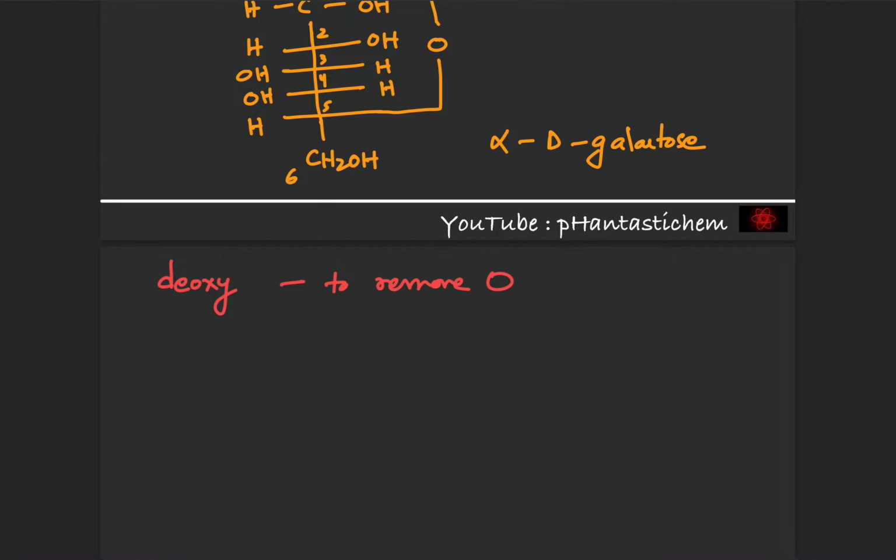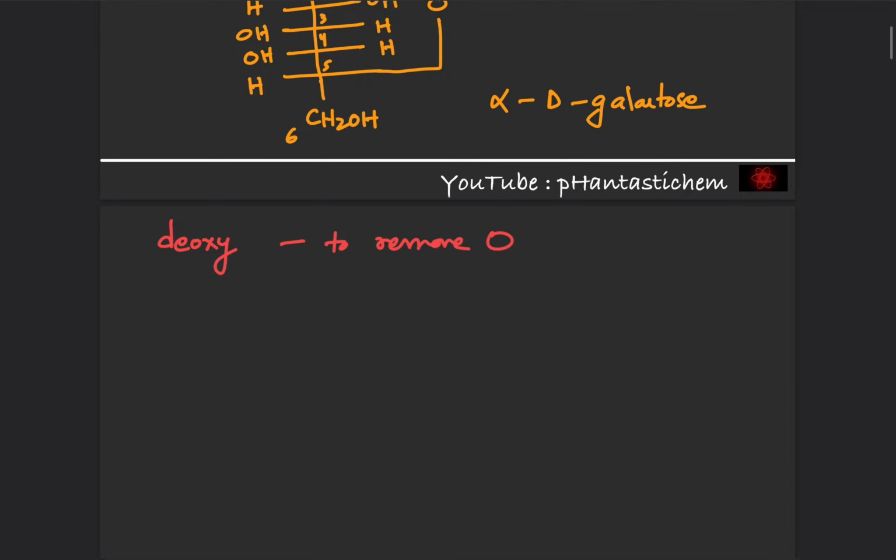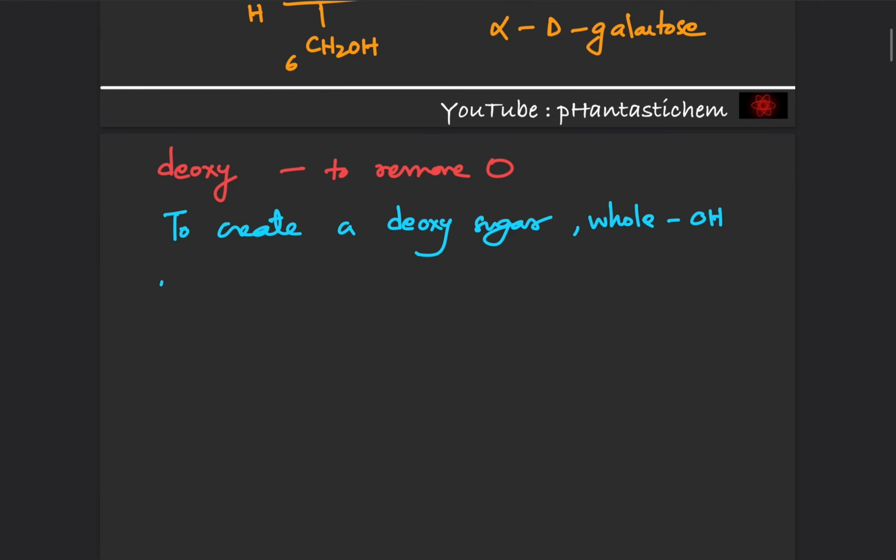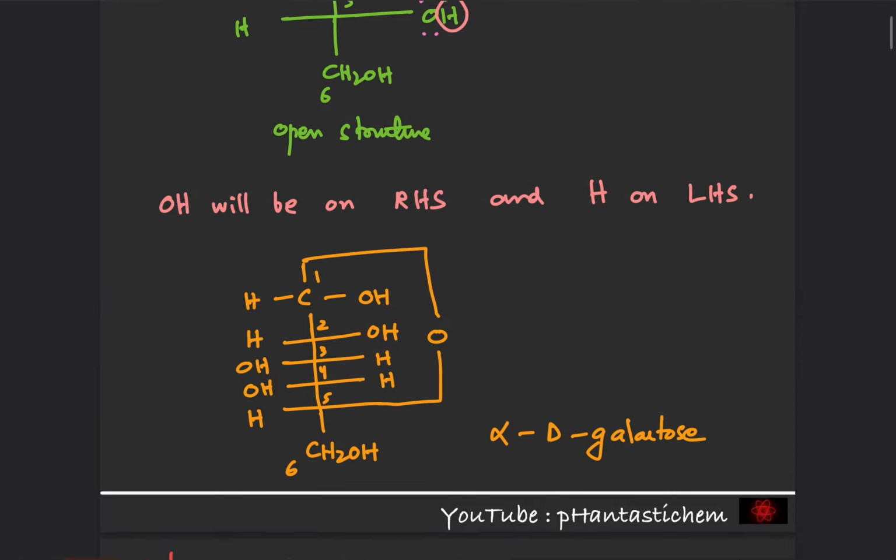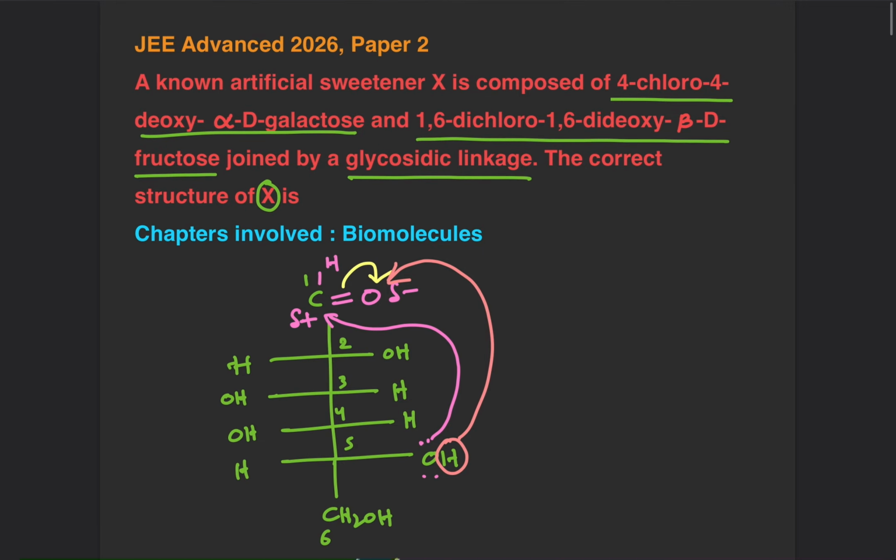So to create a deoxy sugar, the whole OH group is removed at that specific carbon position. Very important.